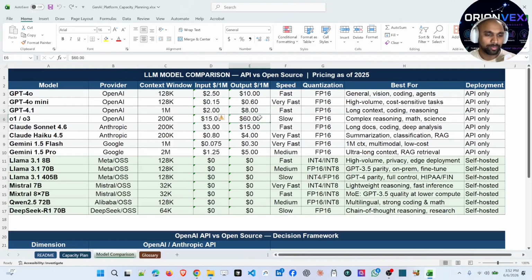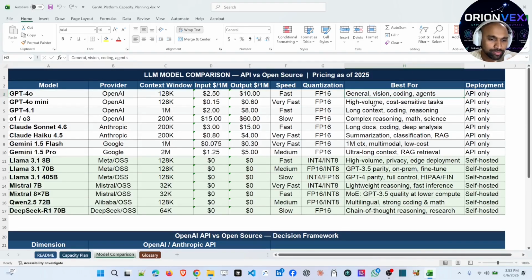That's very high. And when we consider speed, 4o is fast, 4.1 is very fast. GPT-4o mini is very fast because that's a small model, and 4.1 is fast, and O1 and O3 are slow. The quantization used is FP16, and these are the usages of those models. GPT-4o, we can use for general purpose, vision, coding, agents and all.